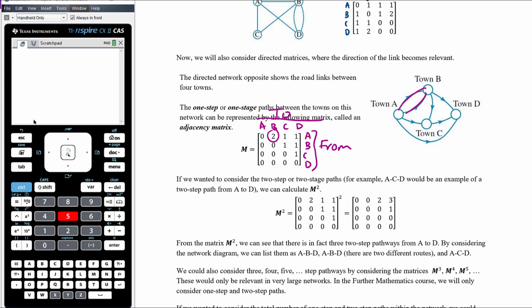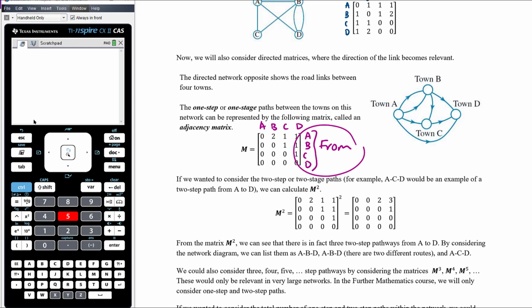There needs to be information in the question to identify how to read the matrix, and often it will be by writing something like this on the side. So we're going from this place to this place. In this case the diagram enables us to work out that we're talking about from the city in the rows to the city listed in the columns.